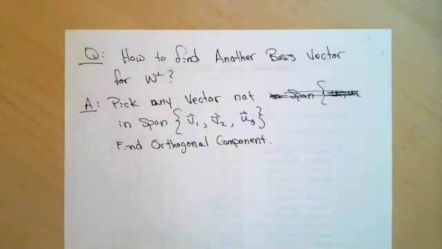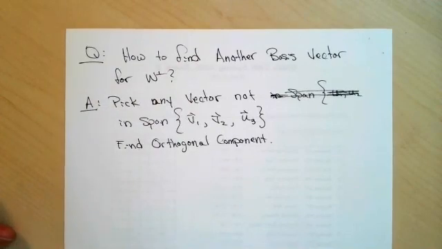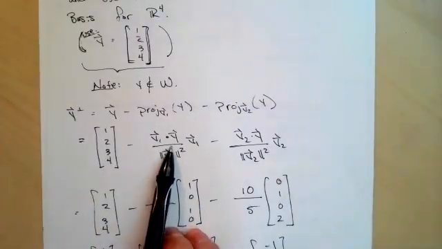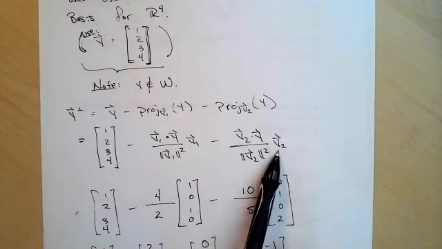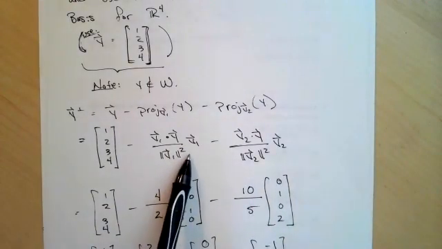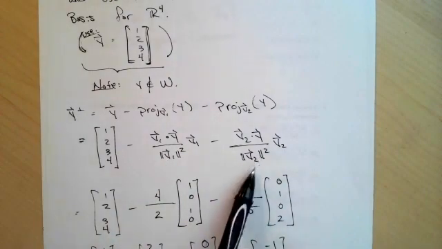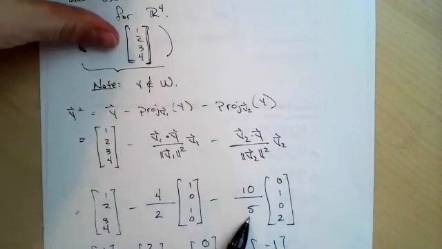So any vector will work. Maybe you want to choose a vector where the numbers will work out fairly reasonably. So in some sense, when we're taking these projections, we know the norm of V1 was 2, the norm of V2 is 5.